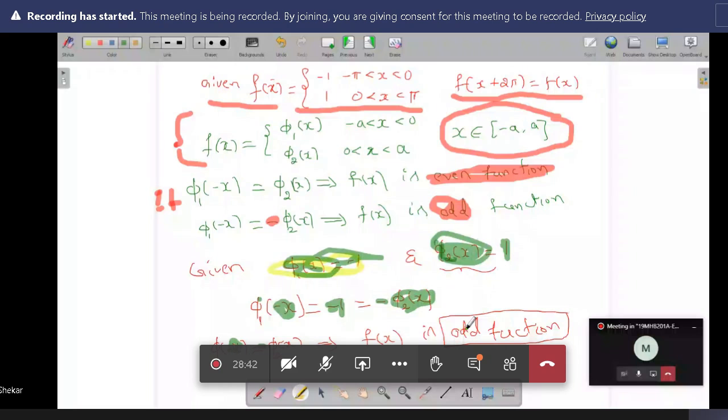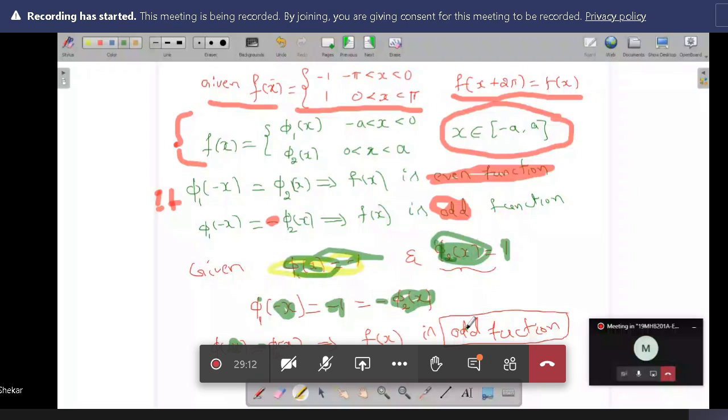Or else, if you see the graph of this given function, it is also symmetric about the origin. The graph of the function in the interval minus pi to pi looks like this, where here it is plus 1 and this is minus 1.